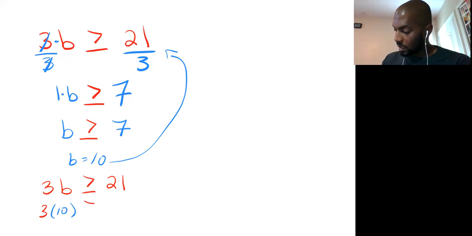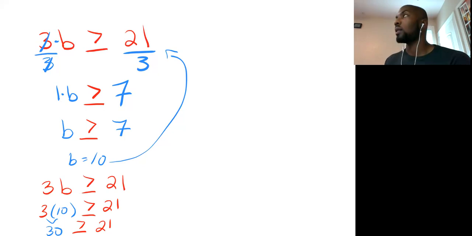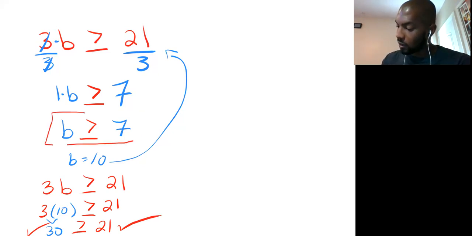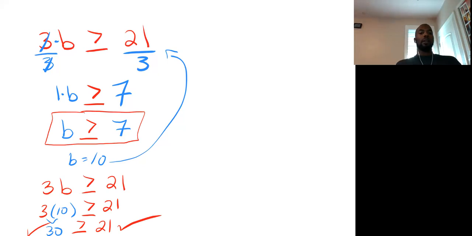Will that give me a number that is greater than or equal to 21? 3 times 10 is 30. Is 30 greater than or equal to 21? 30 is definitely greater than 21, so therefore it works. My answer is b must be greater than or equal to 7.